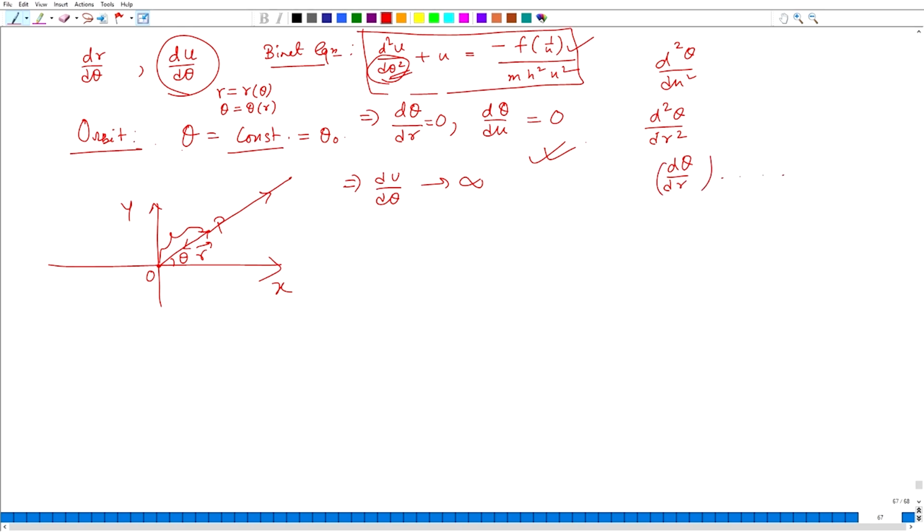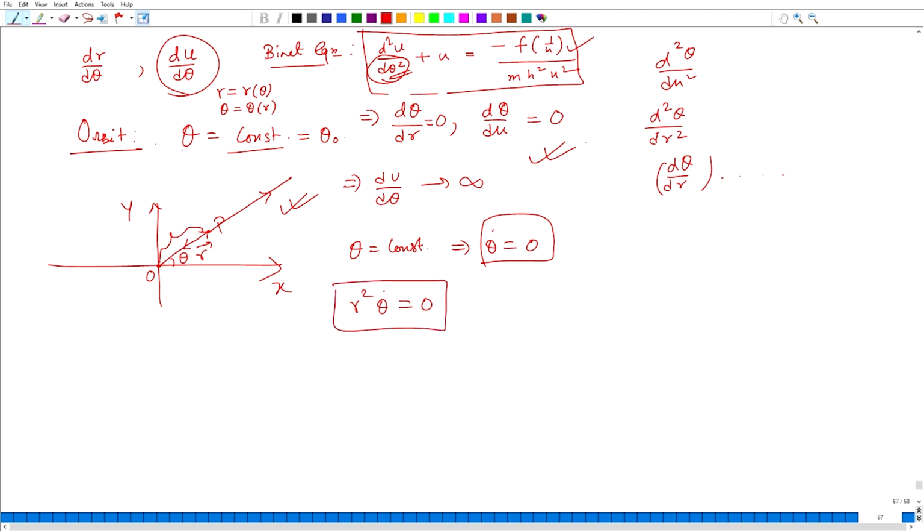Now, let me explain a simple way of understanding that this situation is very strange and typical for our case and cannot be solved immediately with our knowledge. If theta is constant, theta dot is 0, and if theta dot is 0, then r square theta dot is 0.